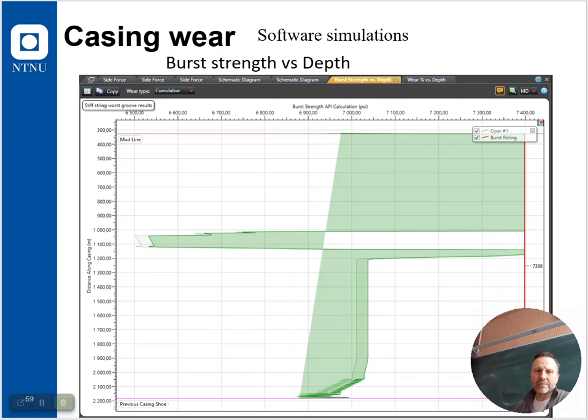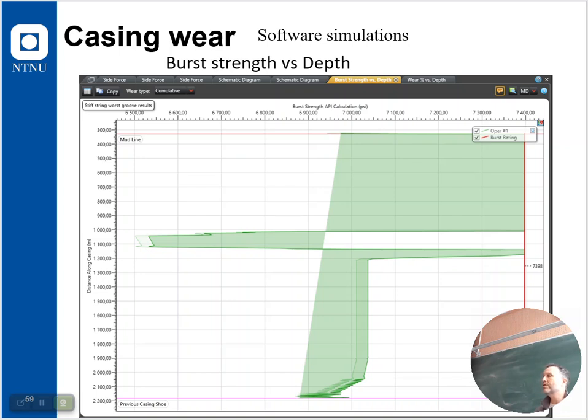You can see here that typically the casing wear would tell you a little bit about how much dog leg and where to put it is good for you, right? You put it shallow, the tension is extremely high in the drill string, and it will eat up your casing.